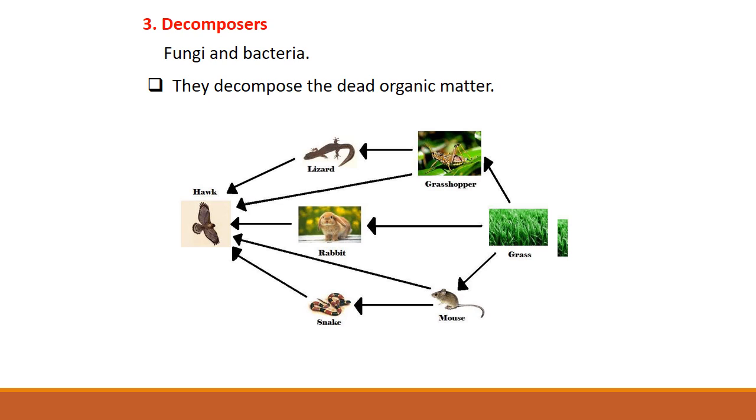Decomposers are fungi and bacteria. They decompose the dead organic matter. This is the schematic presentation of grassland ecosystem with its biotic components, that is producers, consumers and decomposers.